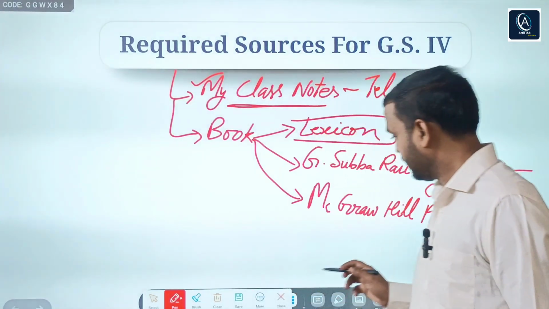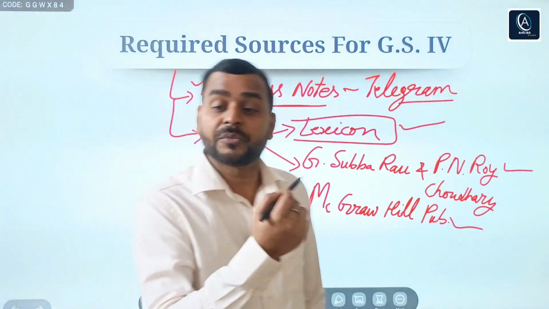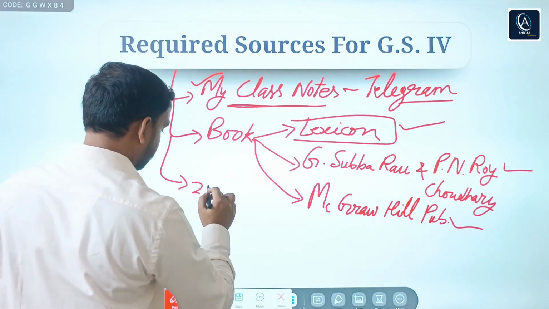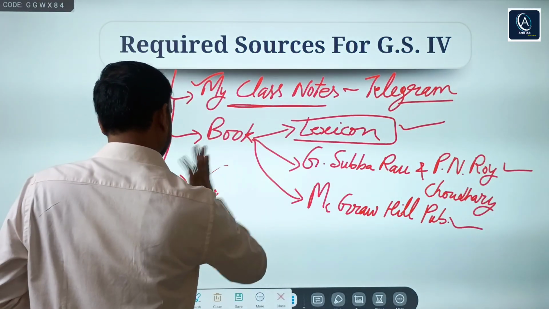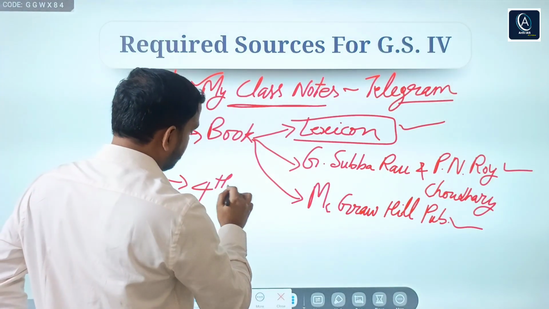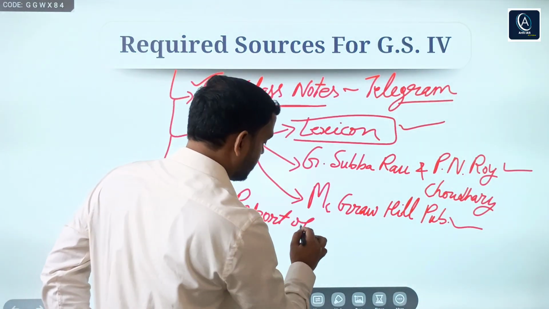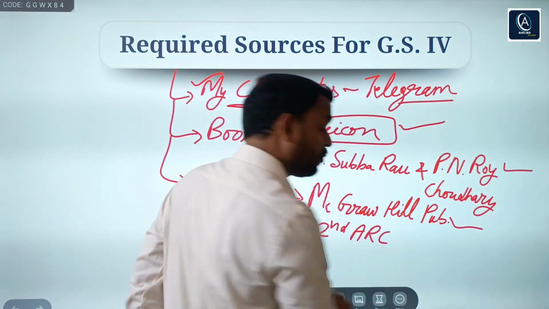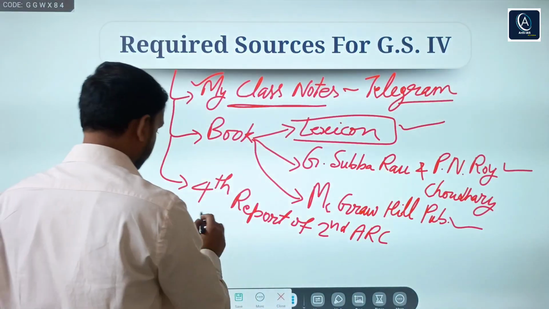Apart from that, one report of second ARC is very important, right? So you must read that report. Fourth report of second ARC, and the name of the report is Ethics in Governance.